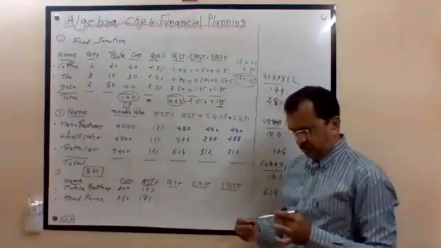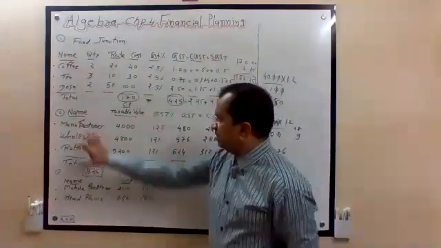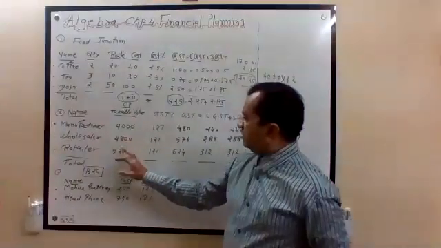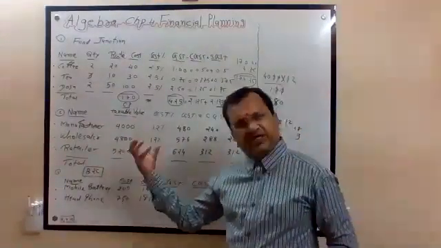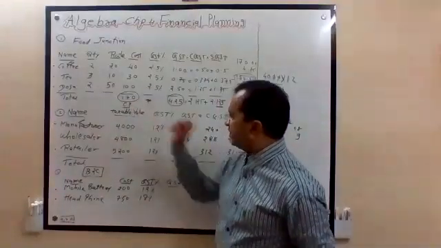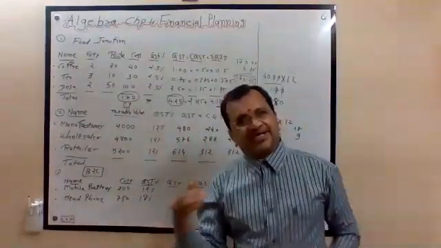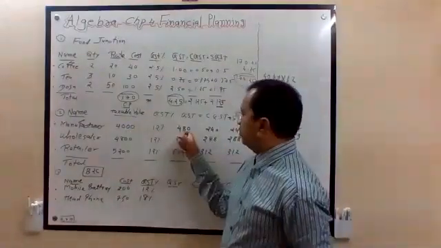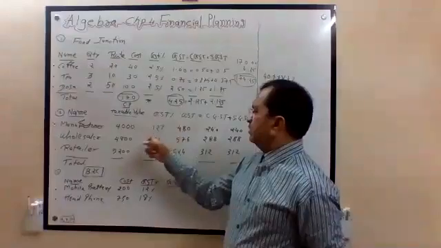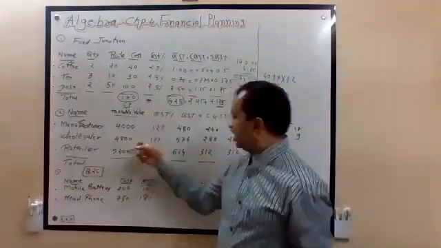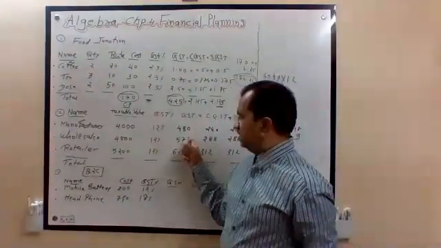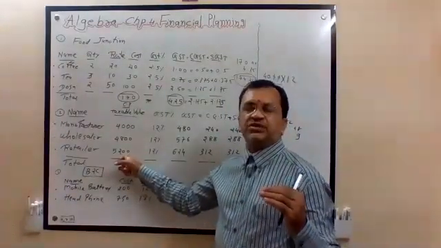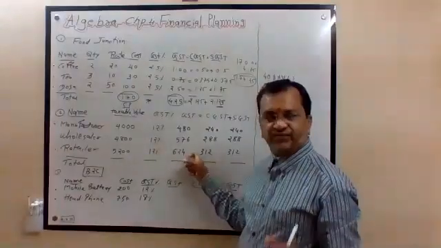Again I am explaining. These are the names given. These are the taxable values given, means you can say cost price. I have written cost price. GST percentages are given. 12% of 4,000 is equal to 480. 12% of 4,800 is 576. 12% of 5,200, that is 624.